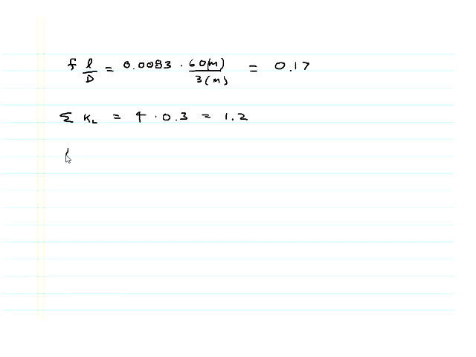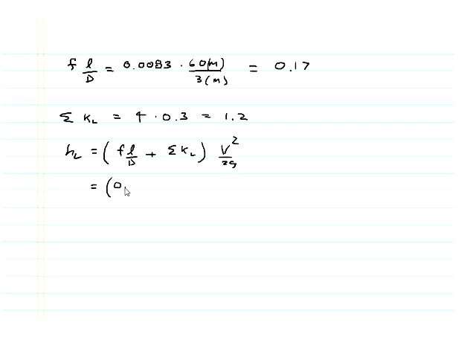The total head loss then is the sum of the 2 terms, f L over D plus summation K L, times V squared over 2g.